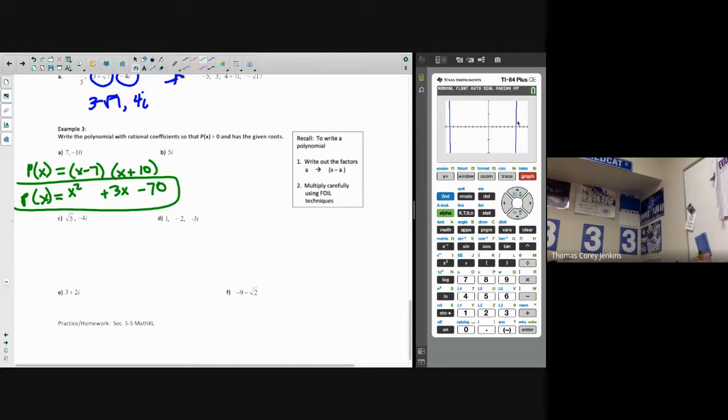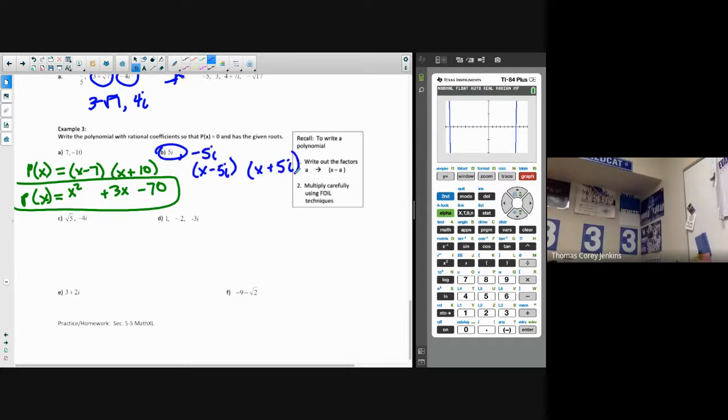Okay, so looking at B is a little trickier. If it contains 5i, then it's also understood that it contains negative 5i, and then we just multiply that out. So we'd have x minus 5i, which produces 5i, and x plus 5i, which produces the other one.